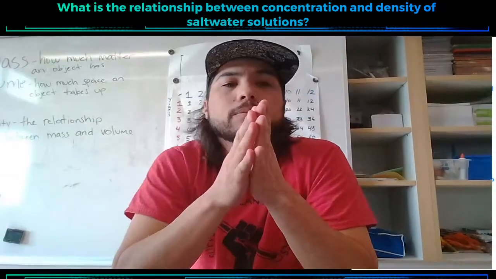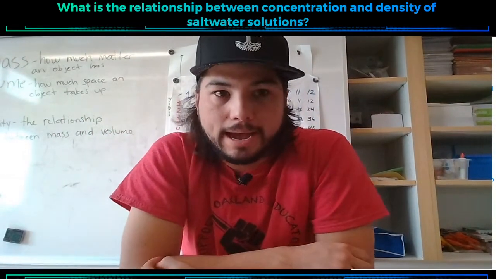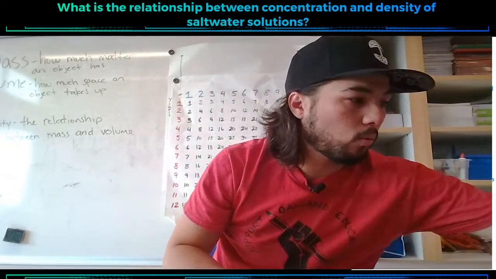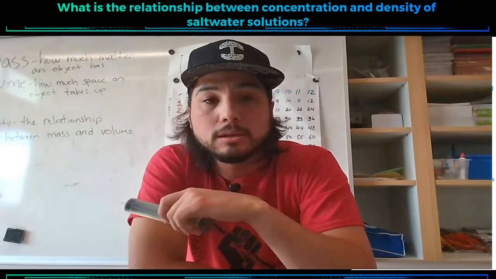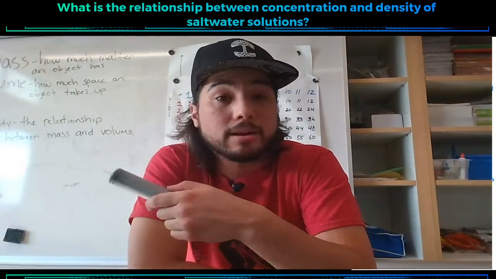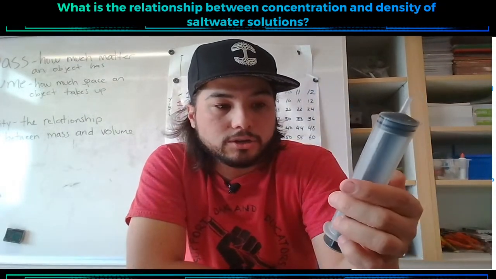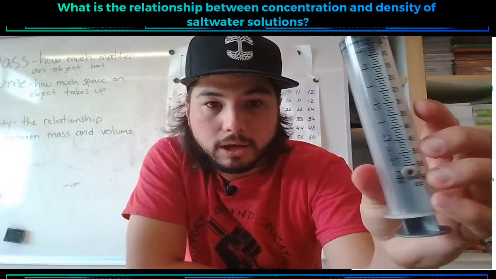So, this idea of density has to do with two things that we've been talking about. One is volume, how much space some matter takes up in the universe, right? This is our syringe that measures in cubic centimeters or in milliliters, okay?